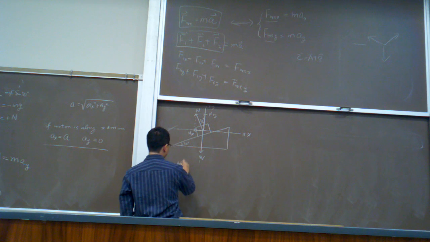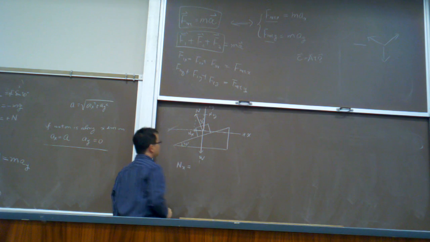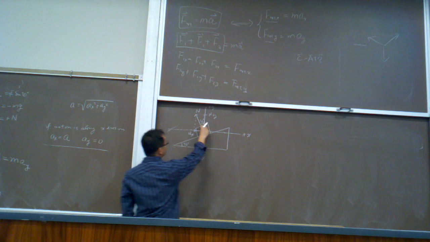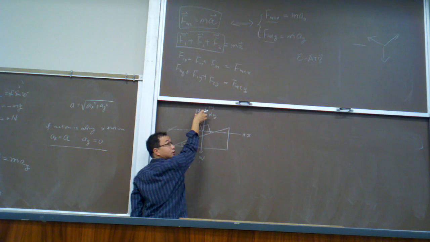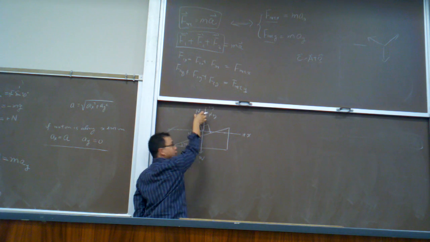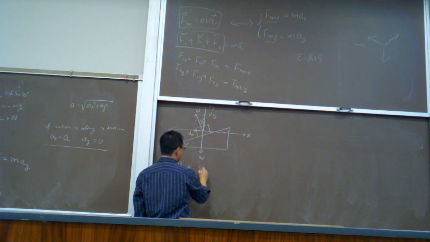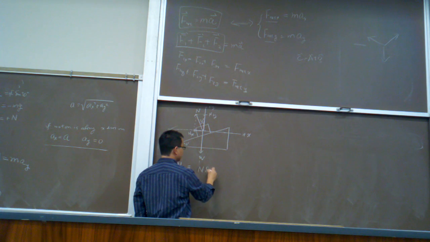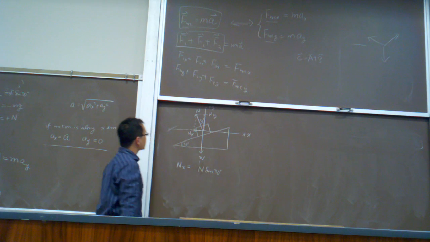So if this is 30 degrees, let's decompose N. Nx equals what? It's opposite to the given angle, so it's N multiplied by sine 30 degrees. Positive or negative in this coordinate?